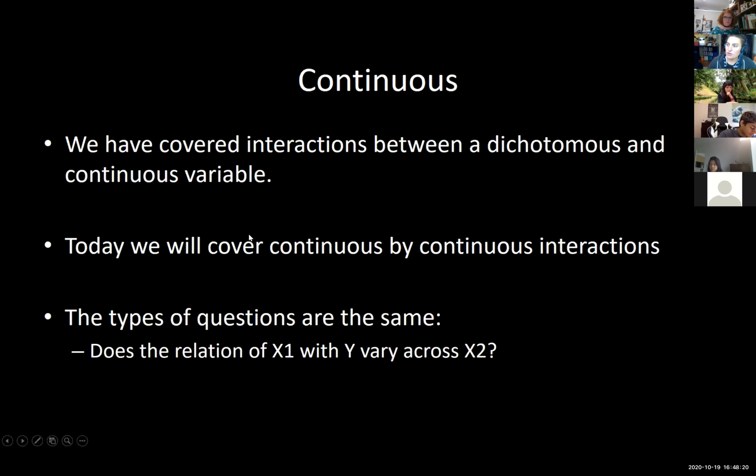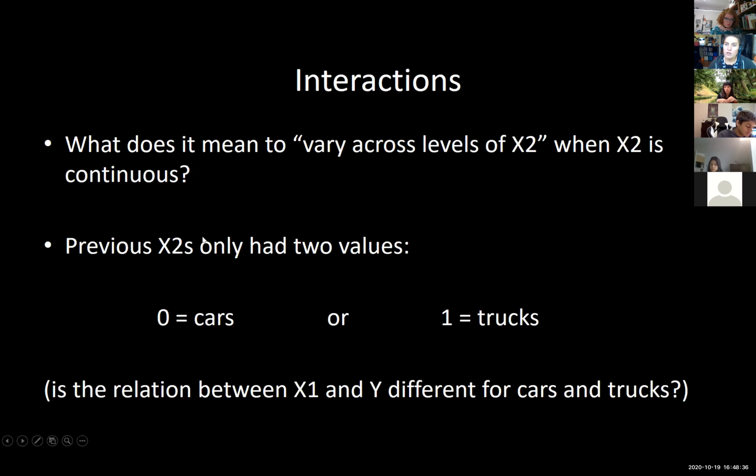Today, we're going to cover continuous by continuous interactions. The types of questions we ask, however, are unchanged. So we're still going to be asking, does the relation of x1 with y vary across levels of x2? But you might be thinking, what does it mean to vary across levels of x2 if x2 is a continuous variable? Because before, we've only had two values. We were cars or trucks.